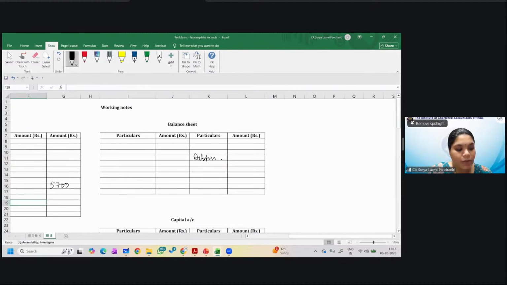Now we have debtors. How much is the value of debtors? Now quickly write all the values, 14,500. Then cash, 2,800. I'm writing all the values. Machinery, 7,500. Then I have furniture, 1,200.